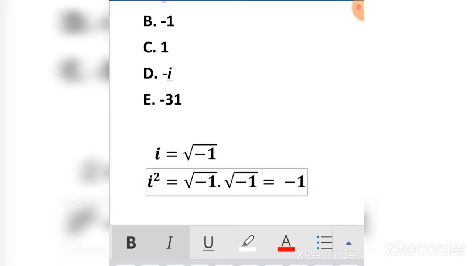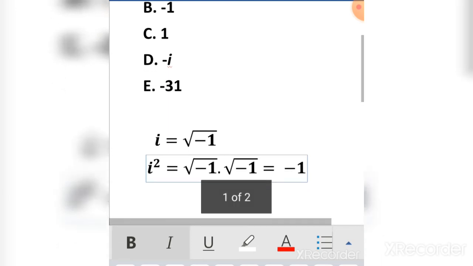Since the square root of negative 1 times the square root of negative 1 equals negative 1, right? It's the square of the square root of negative 1 and it's equal to negative 1.